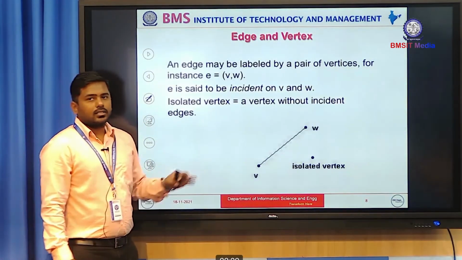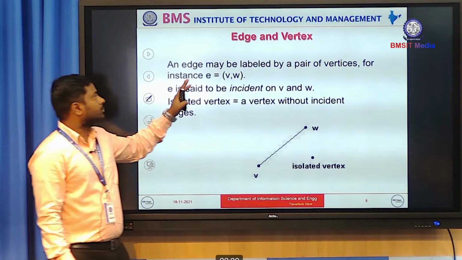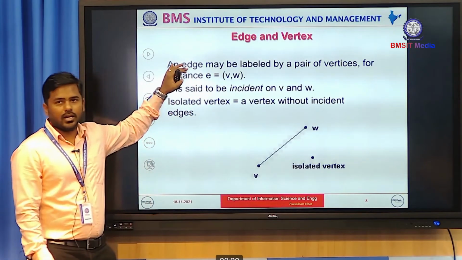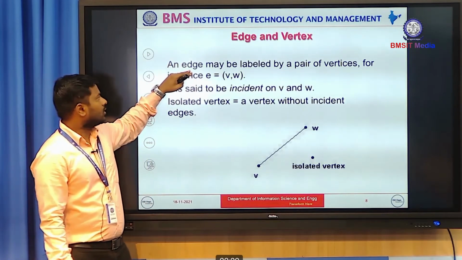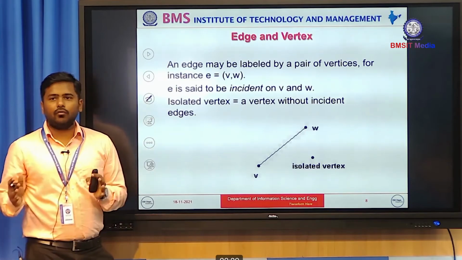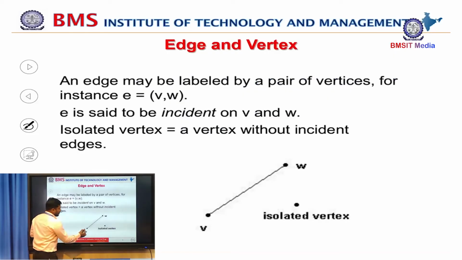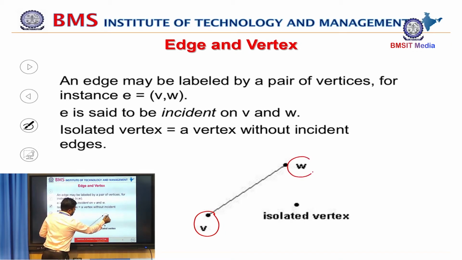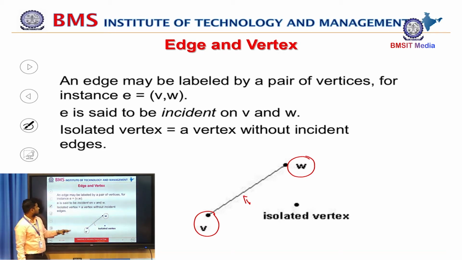Let us discuss, as I told, the relationship can be established using an edge. The edge connects a pair of vertices. You can see this in the figure. We have a vertex V and a vertex W, and these vertices are connected via an edge. An edge is represented as (V, W).